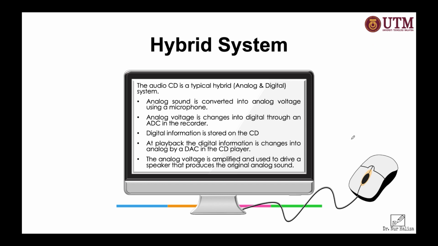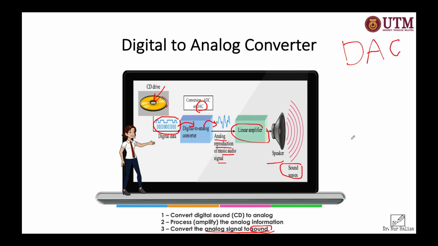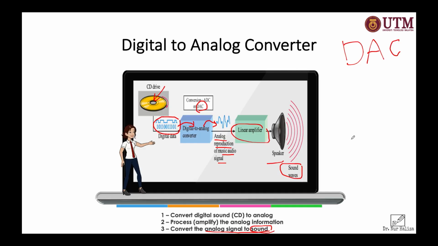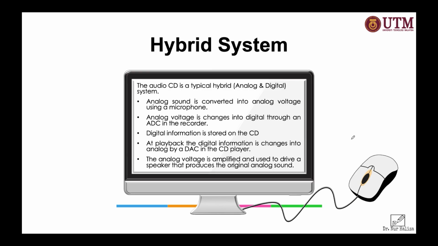Next, before you go into analog to digital and digital to analog, over here you basically have a hybrid system. You can see that the audio CD is typically hybrid, which is you have analog and also digital systems. Analog sound is converted into analog voltage, using your microphone and so on.